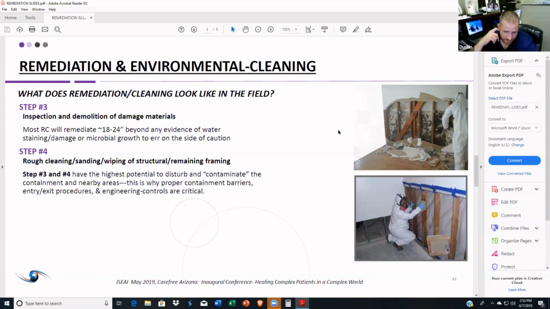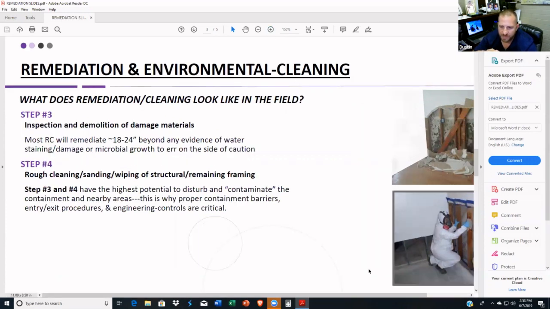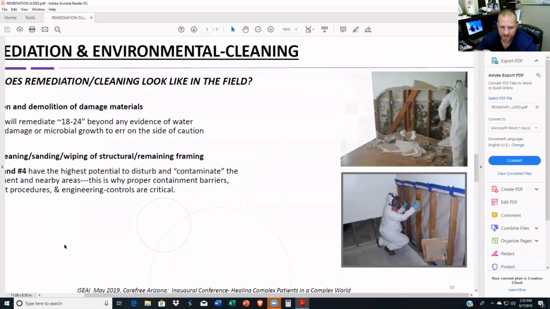So if you look at the bottom picture there, you obviously have a technician that's wiping the studs. You always want to discuss with the homeowner the products that you're using and just make sure it's a homeowner approved agent, whatever that agent is. And then basically with the studs themselves, you'd be sanding, trying to get as much as you potentially can off of that stud until it lightens up.